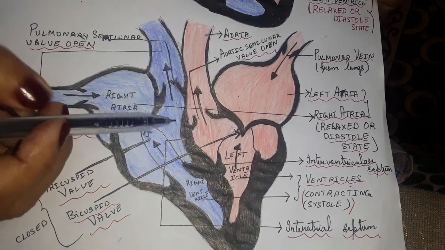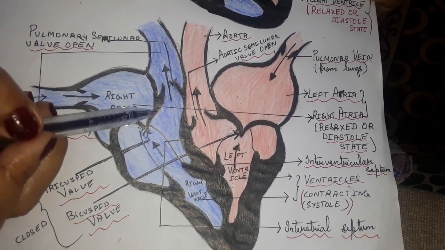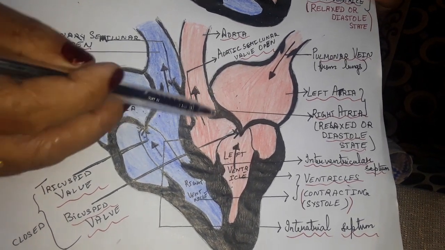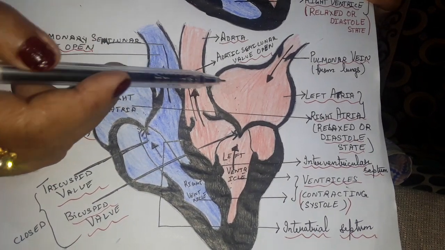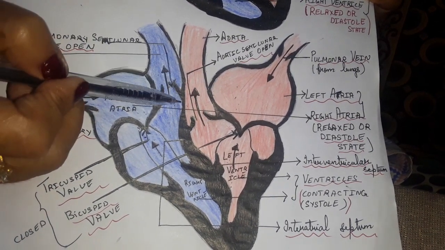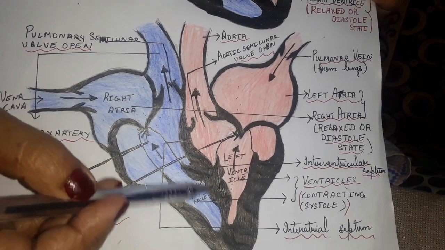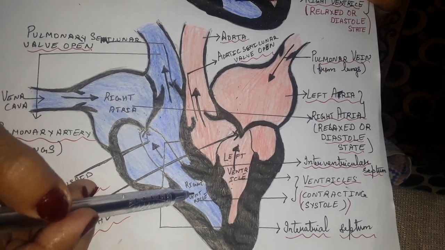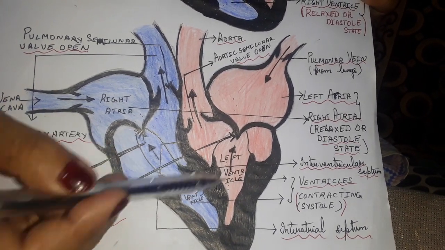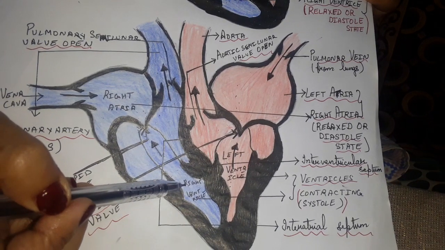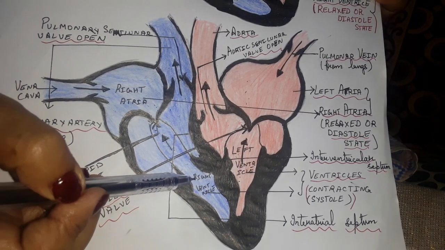I repeat it again. The septum present in between the right atrium and left atrium is called the interatrial septum, while the septum present in between the left ventricle and the right ventricle is called interventricular septum.